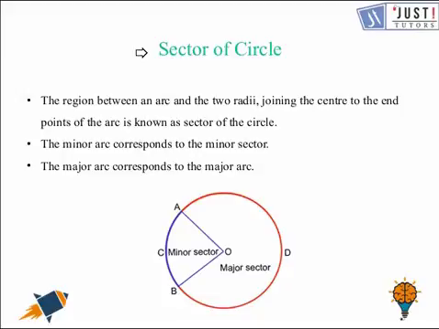So that means the radii will be joining at the center, and the minor arc corresponds to the minor sector and the major arc corresponds to the major sector. Okay, small correction here. In place of arc, it will be sector there. So this picture illustrates the minor sector and major sector.